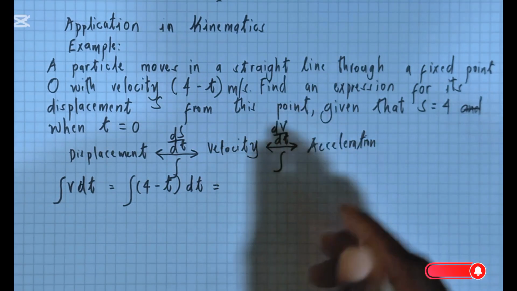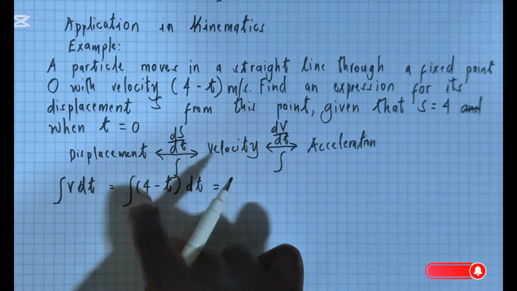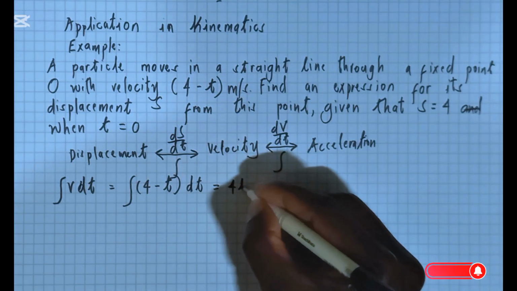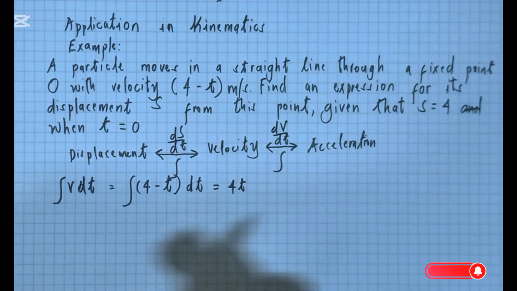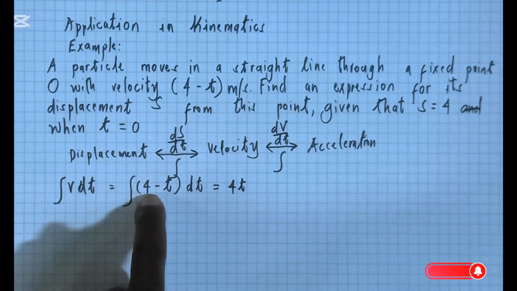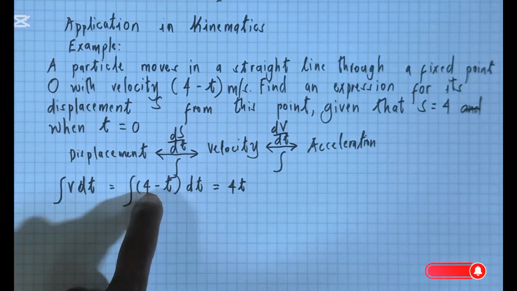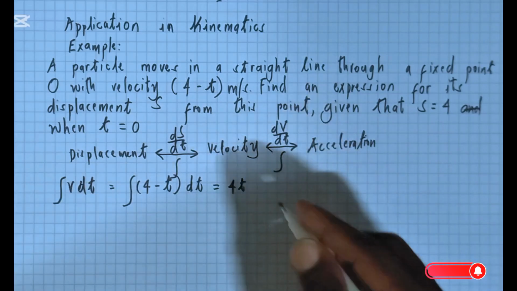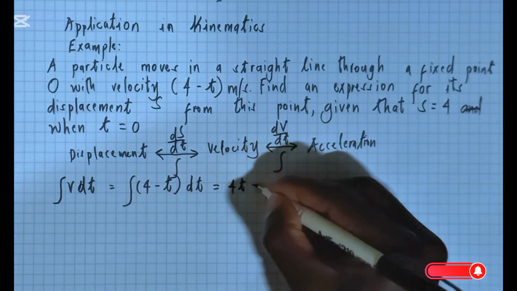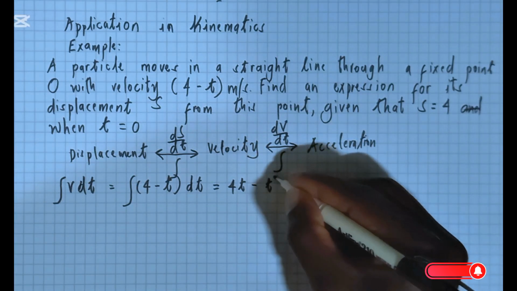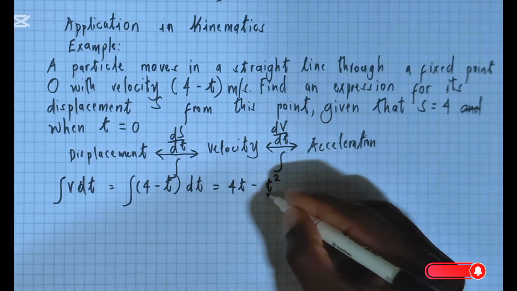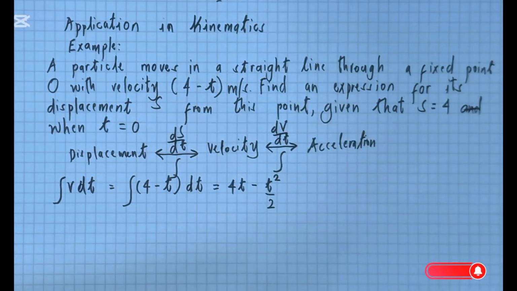When we integrate 4, we get 4t, because the index of t here is 0, and when you add 1 to that, you get t raised to 1. So that is 4t minus t squared, and when you have t squared, you divide it by 2 as well.